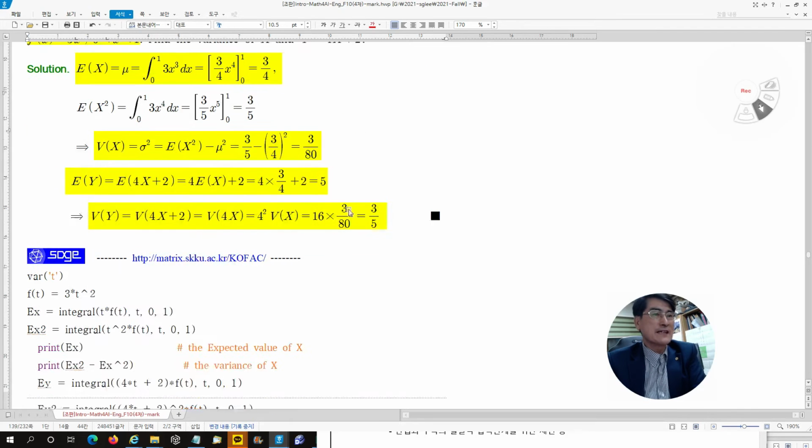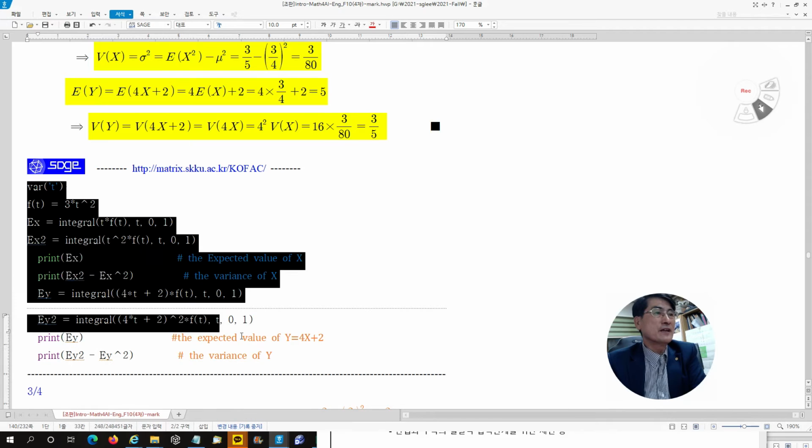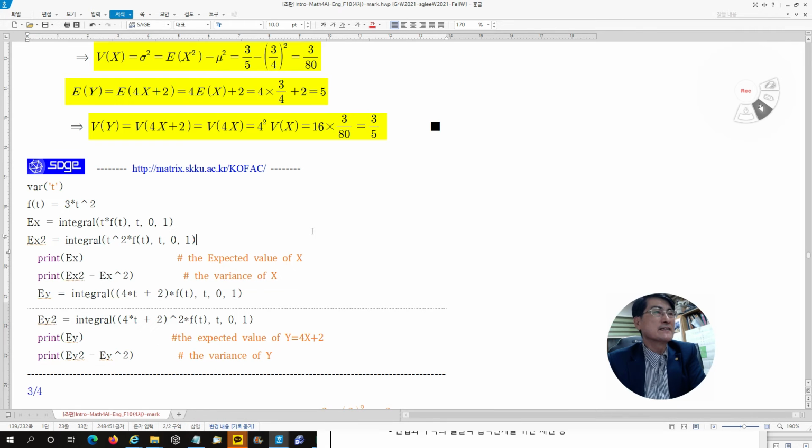And this computation can be done simply with code like this. For the expectation, we had the integration of t times f of t, and E of x squared is the integral from 0 to 1 of t squared times f of t.